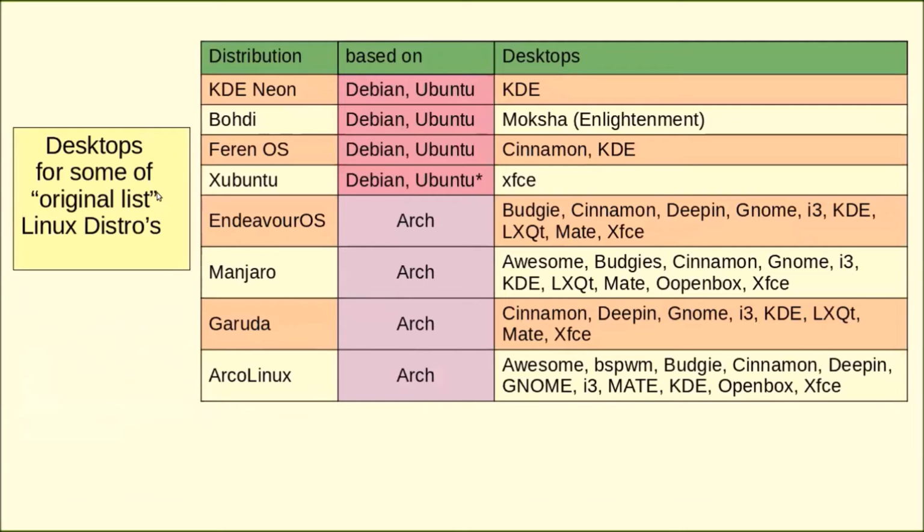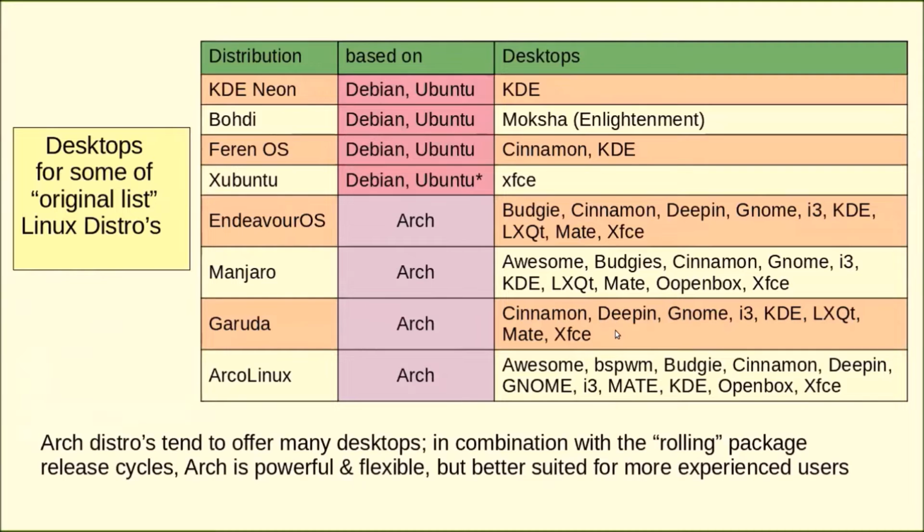You don't have to do anything extra. Now, if you go to some of the others, the KDE Neon, the Fedora, those which are good distributions that didn't fall in the so-called beginners, you notice they too tend to focus on one desktop. But when you come to Arch, you've got tons of desktops. Arch tends to offer all these desktops, but they're also rolling package release.